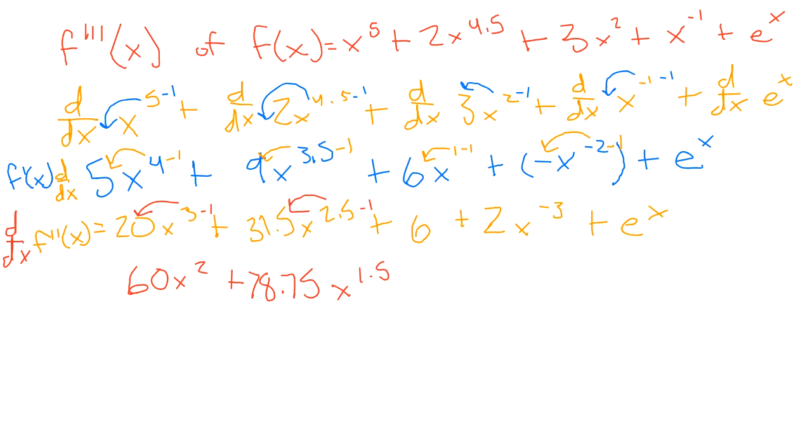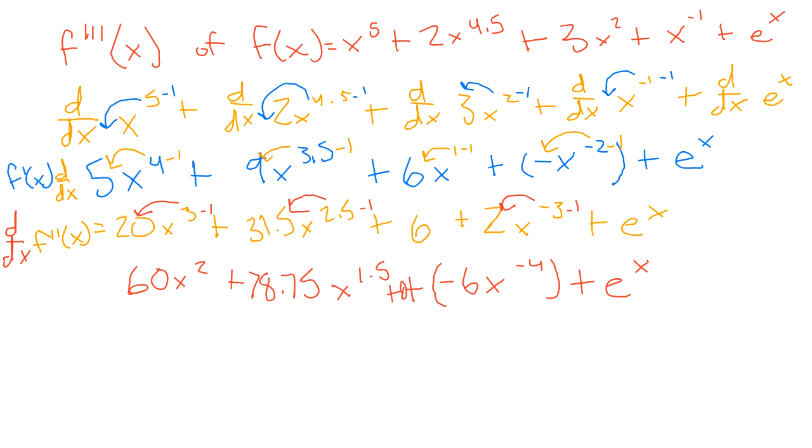Plus, the derivative of 6 is a constant, so that's just going to go to 0, so we don't even have to write it down. We can just move forward. Now we get negative 3 times 2, which is negative 6, x to the negative 3 minus 1, which is negative 4, plus our e to the x. Actually, I'll write a little plus 0 just so we know where it came from.